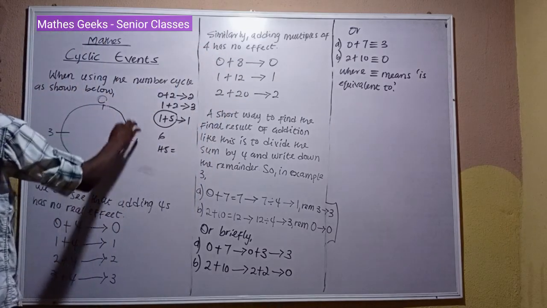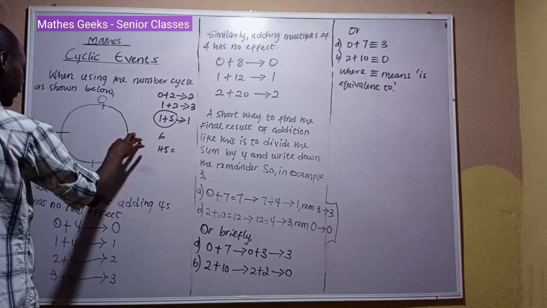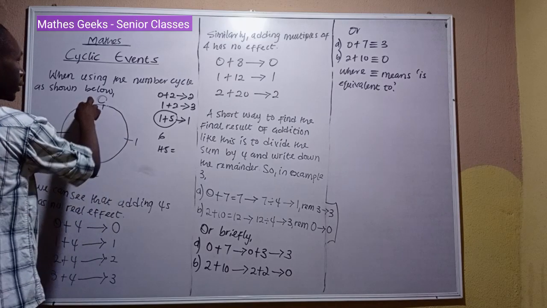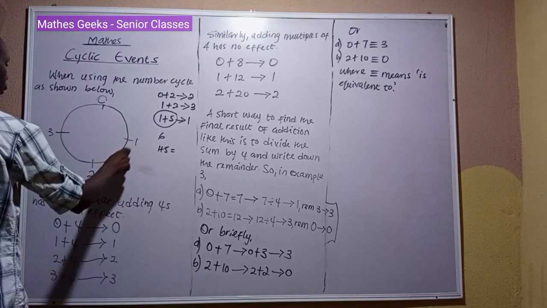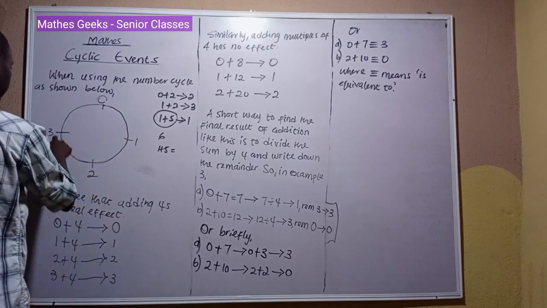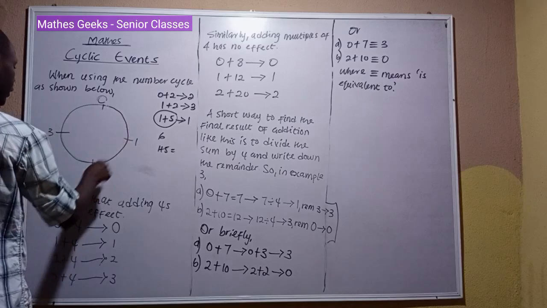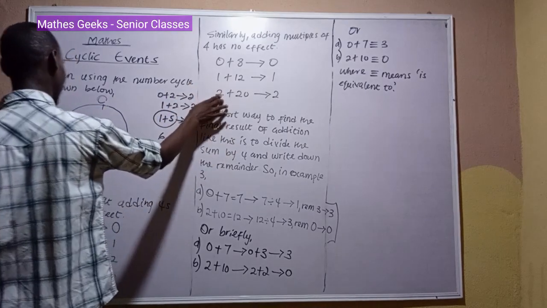So 0, 1, 2, 3, 4, 5, 6, 7, 8, which is 0. 1 plus 12, start at 1. 1, 2, 3, 4, 5, 6, 7, 8, 9, 10, 11, 12. Get at 1. 2, start at 2.